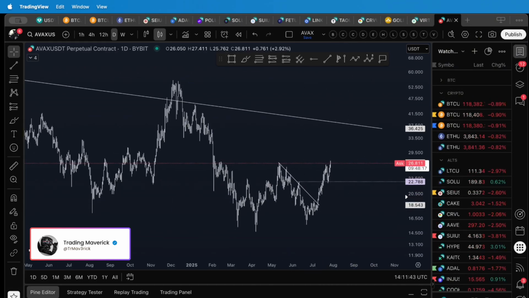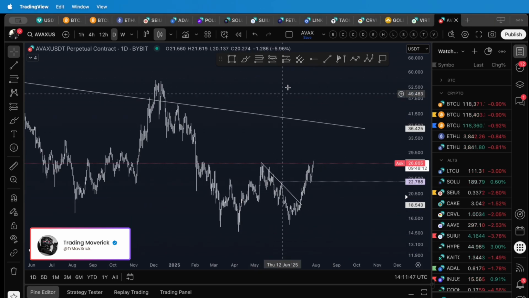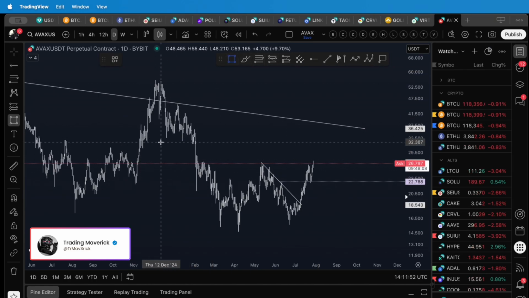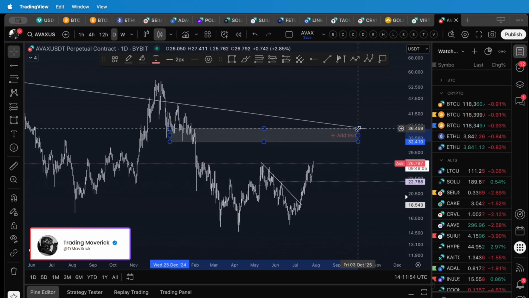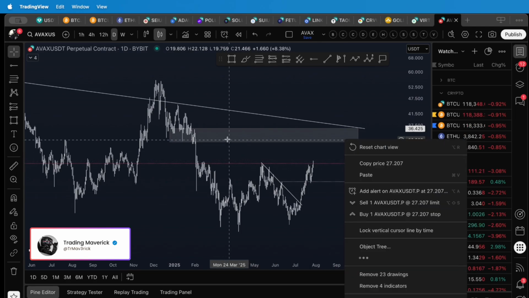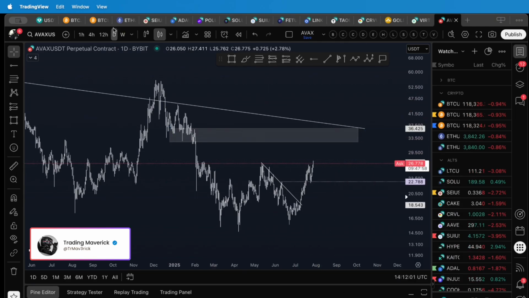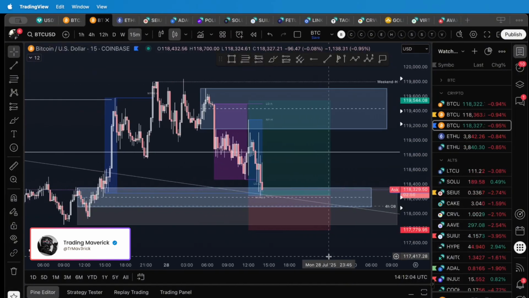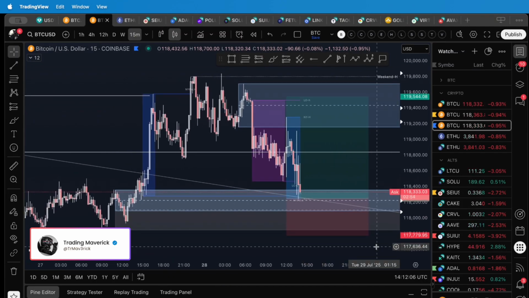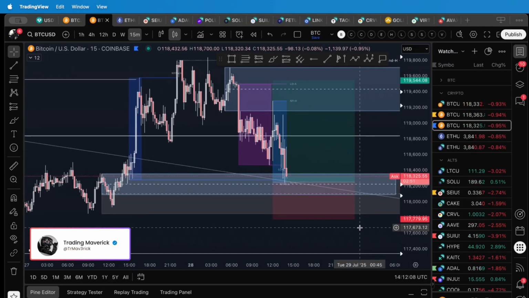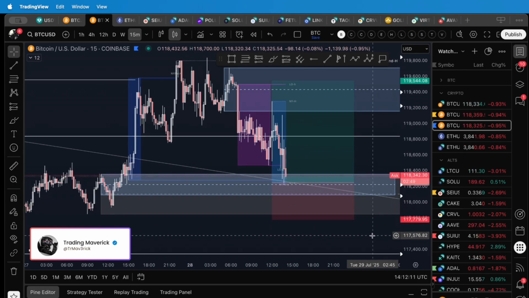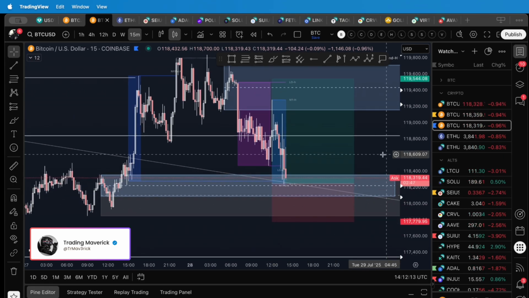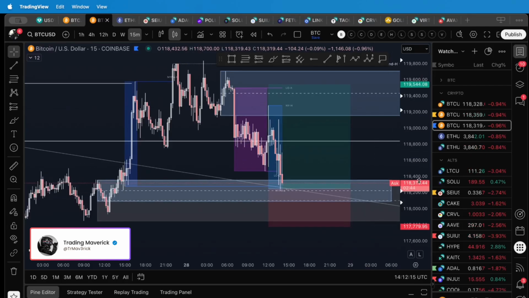I think that's doable. But probably a decent resistance for Avax will be here at $32 to $35, so maybe some shorts there. And yeah, Bitcoin nuking again. Looks pretty bad, to be honest. But yeah, Sunday pump, Monday dump, something to expect.